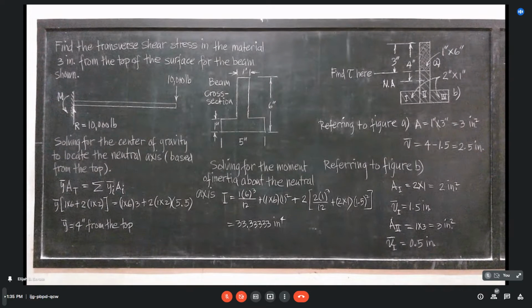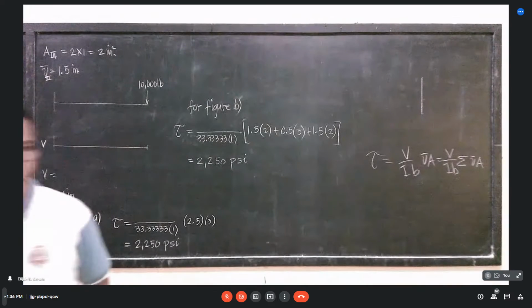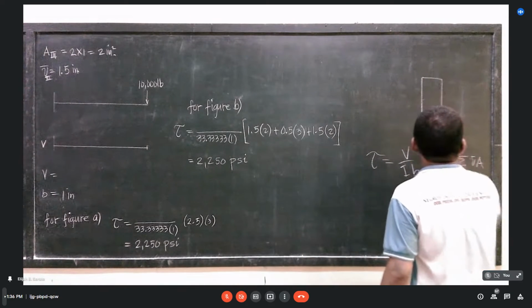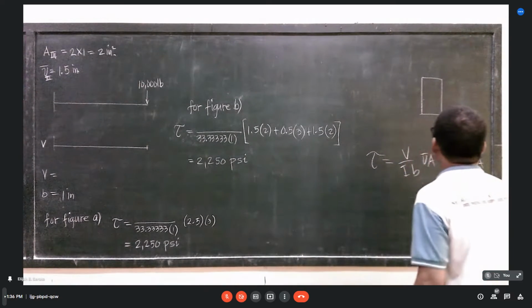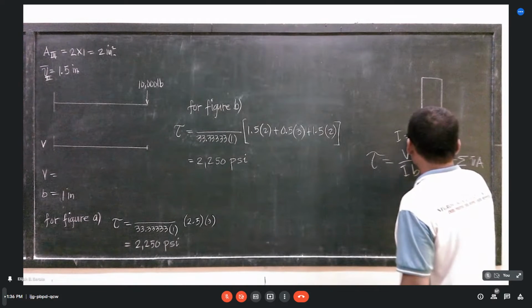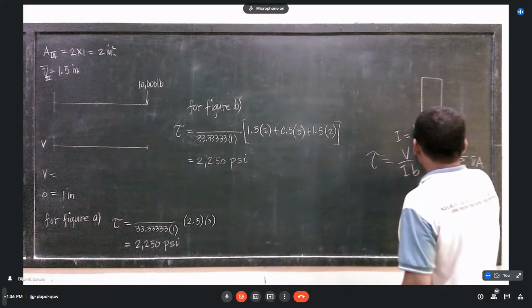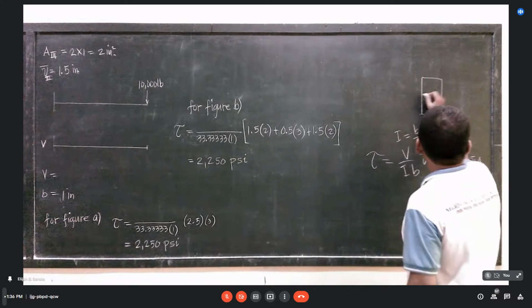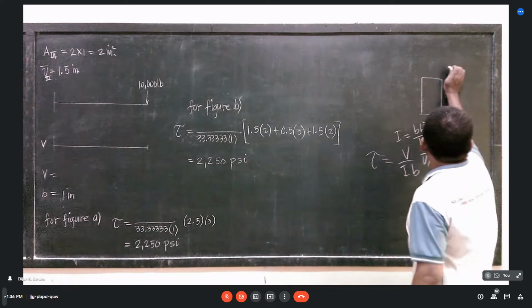If the cross-section is rectangular, then I is what? bh cubed over 12. This is the b, this is the h.